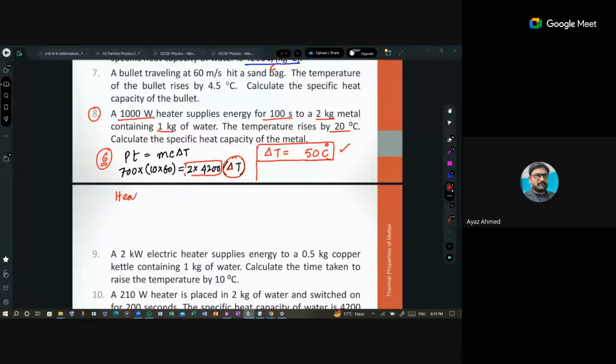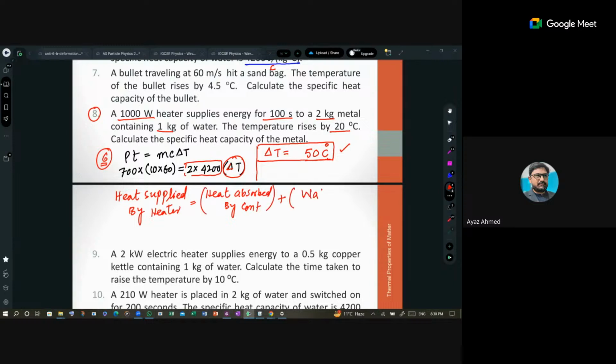Heat supplied by the heater is equal to heat absorbed by container plus water.